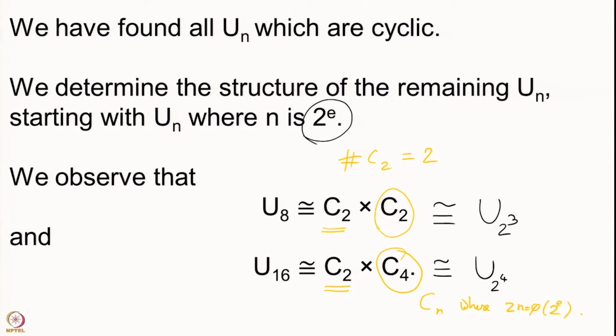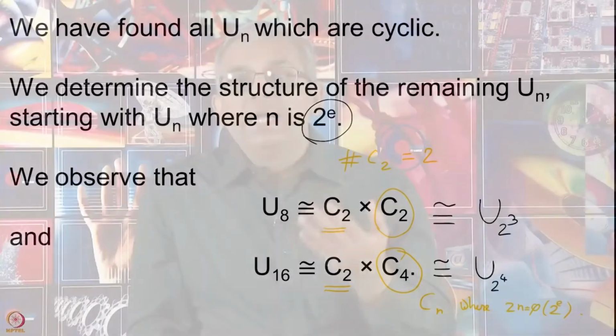So, this is what we would like to show. When n is a power of 2, the group of units is almost a cyclic group, which is to say that it is not really cyclic, but it is a product of 2 cyclic groups, one of them being of order 2. So, up to a sign, in fact we will show that it is a cyclic group.